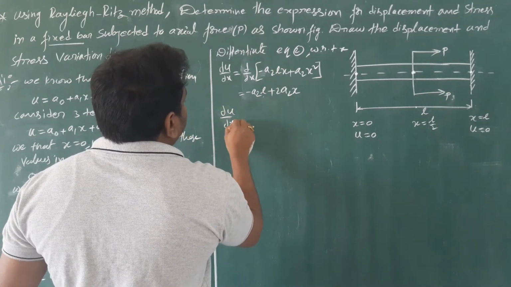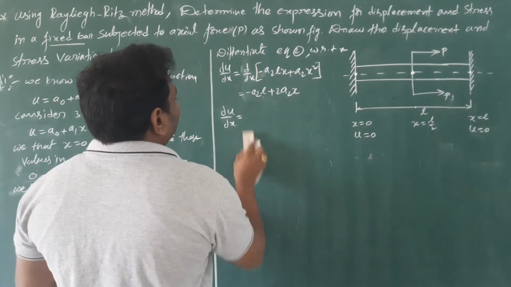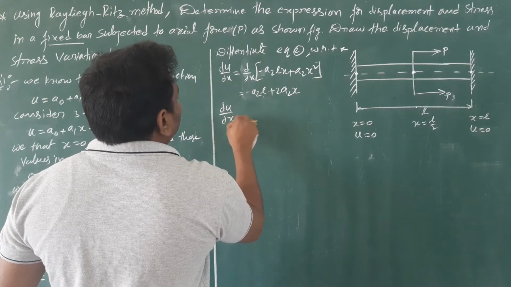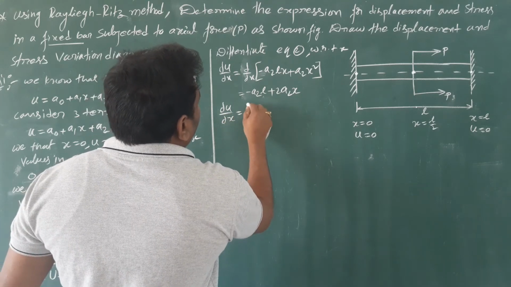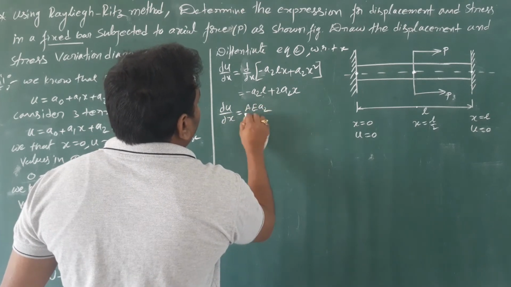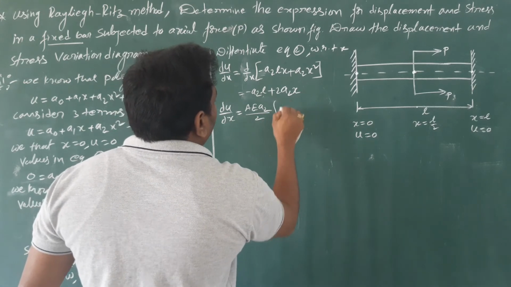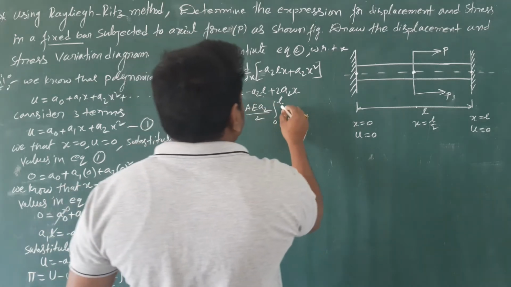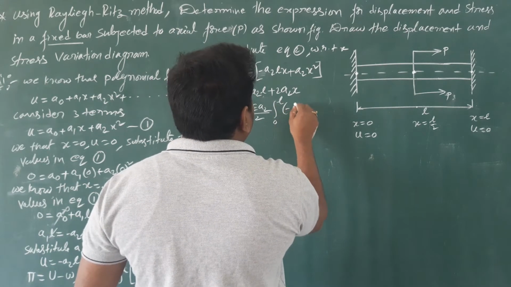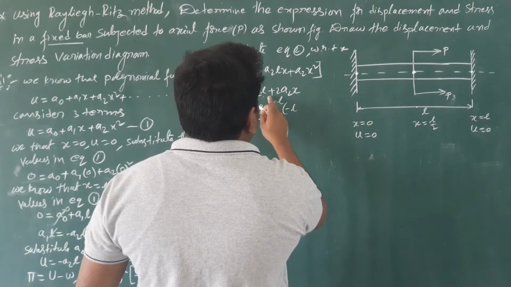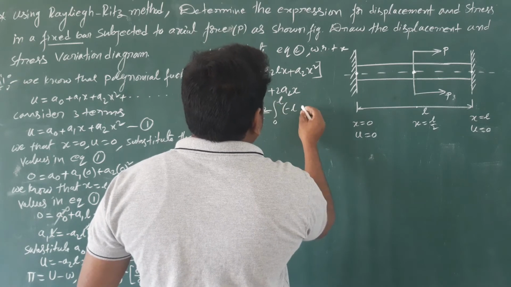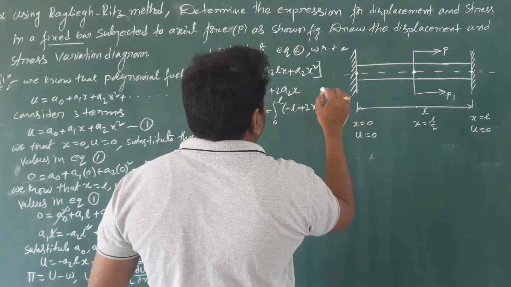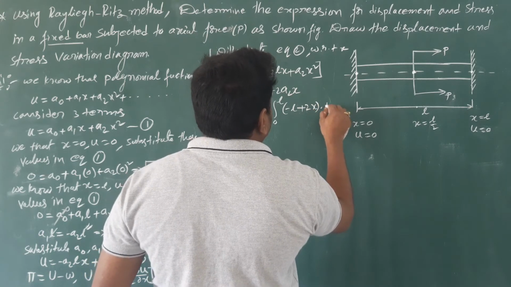Dou u by dou x is equal to a2 into integral of 0 to L of minus L plus 2x into dx.